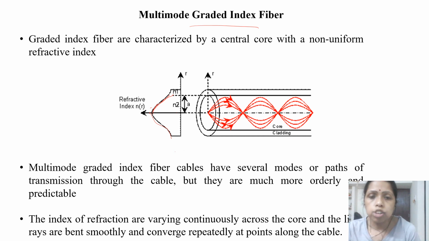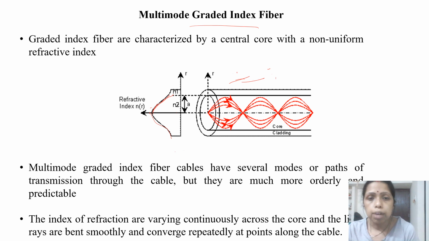So you need to design the fiber in such a way that the reflecting index varies inside the core layer. That means the fabrication is difficult in that case, but you can easily launch light, and it is not as difficult as compared to the single mode fiber.